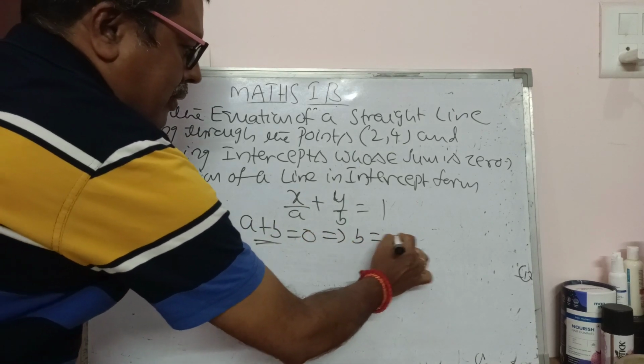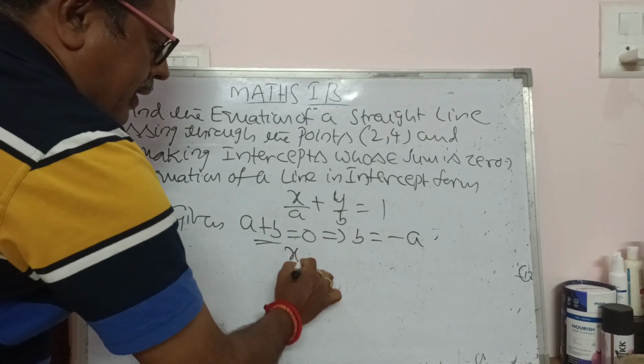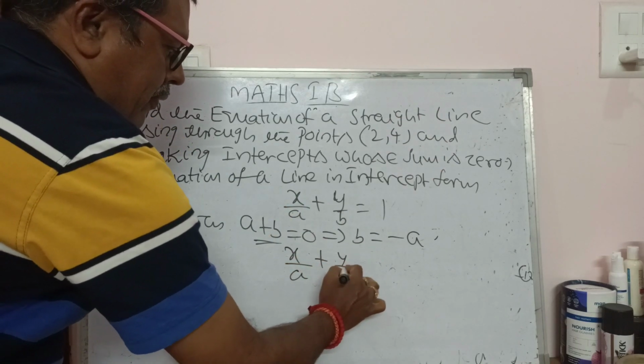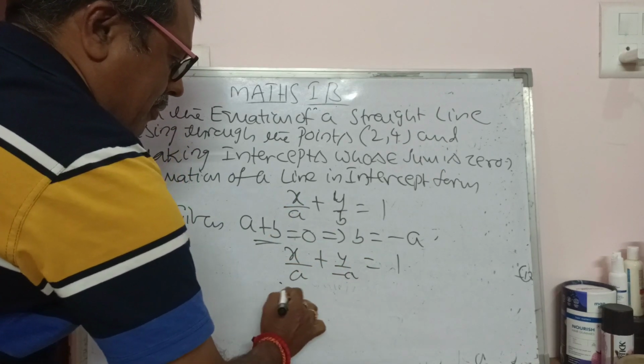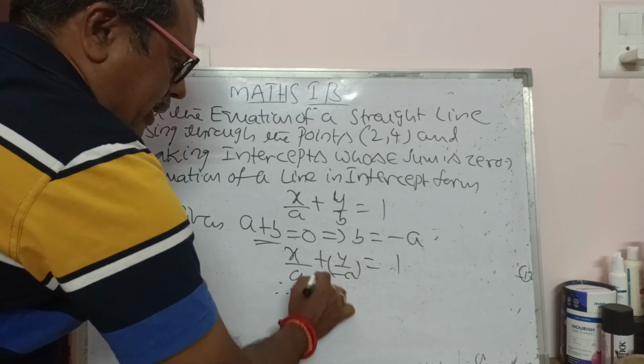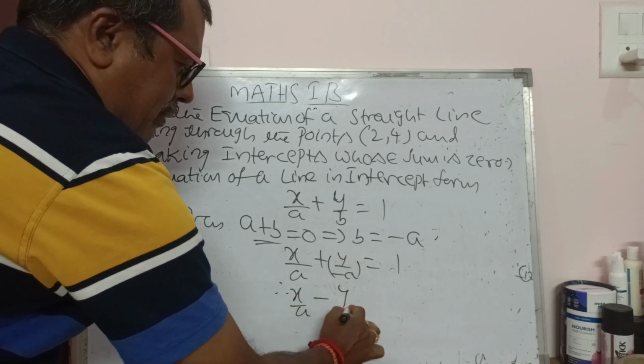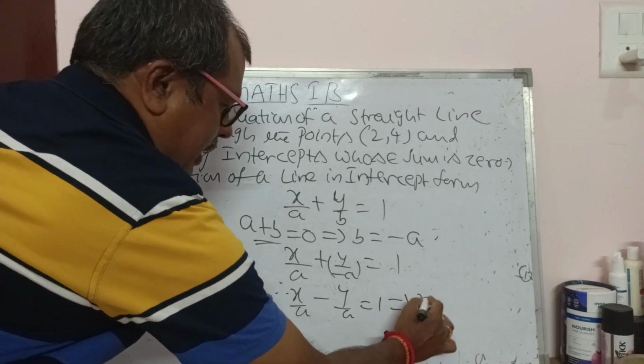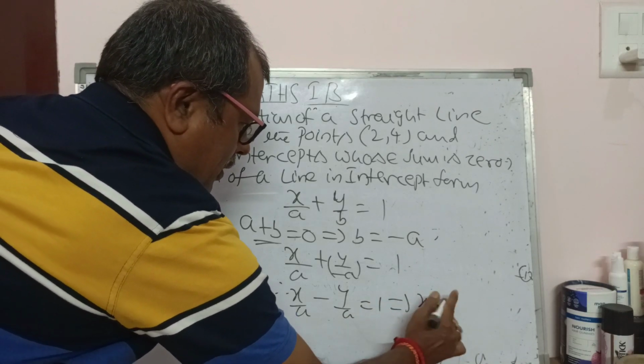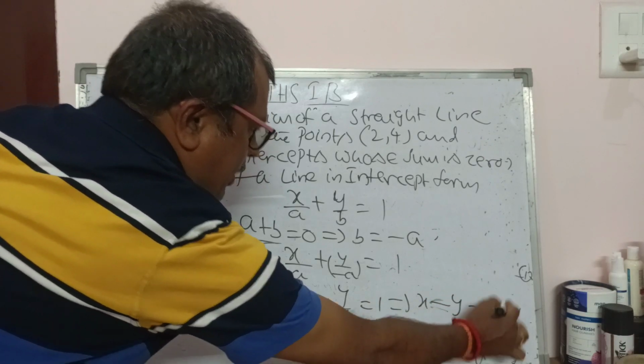The sum of intercepts is 0, that means b is equal to minus a. So x by a plus y by minus a is equal to 1. Therefore, x by a minus y by a is equal to 1. This implies x minus y is equal to a.